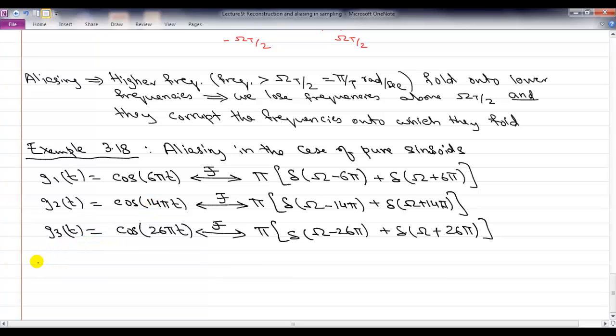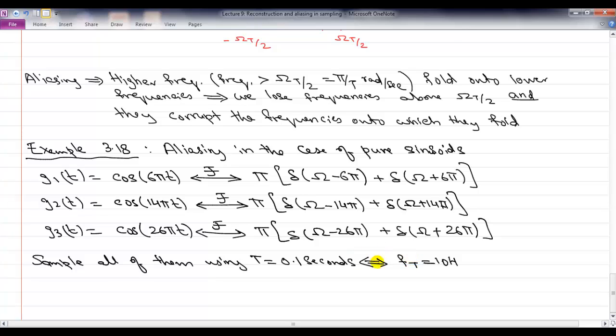So the idea is that we sample all of them at 10 hertz. So T is 0.1 seconds, which means that my sampling frequency is 10 hertz, or 20 pi radians per second, whichever way you want to think about it.